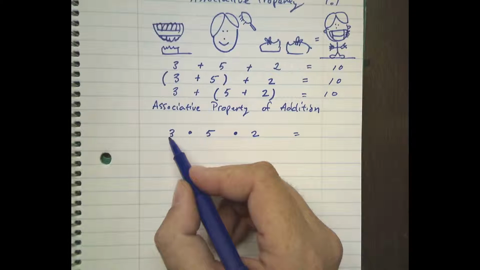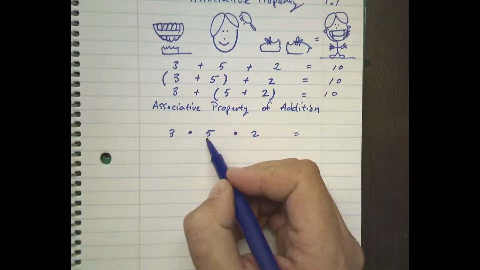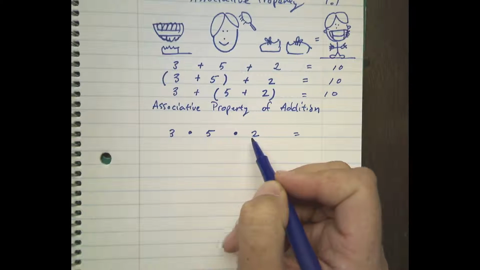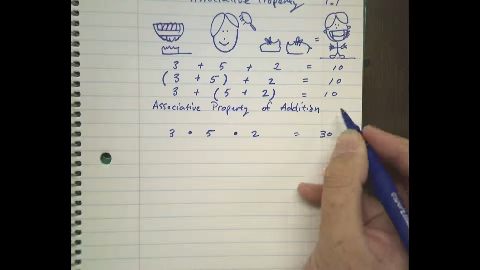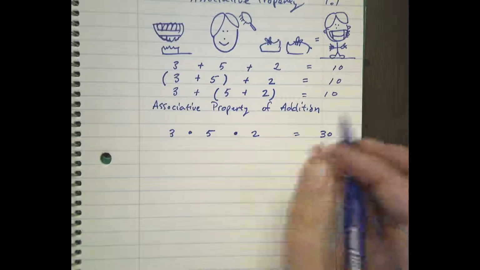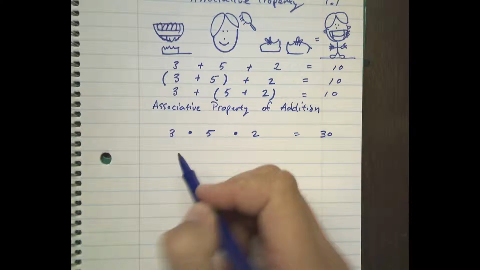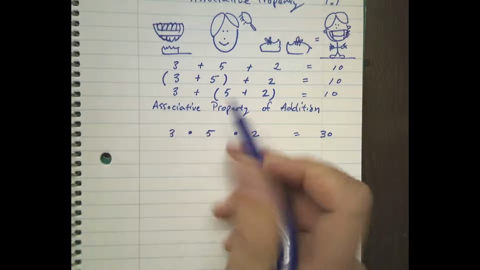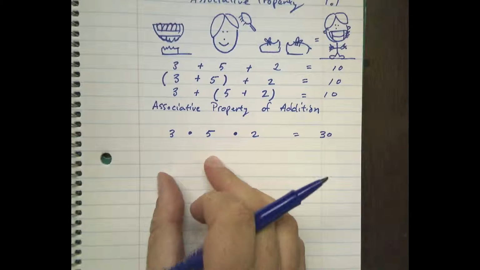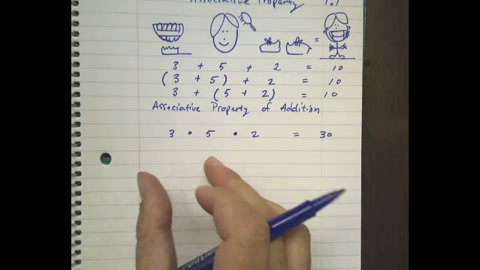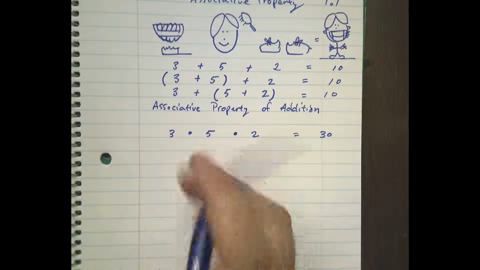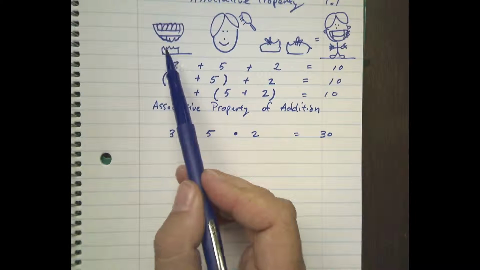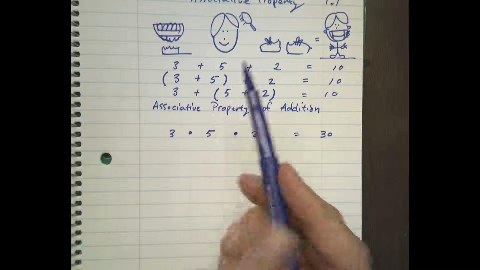I can kind of do this in my head, and I'll get an answer. Let's see, 3 times 5 is 15, and then times 2, which would be 30. So I'm looking pretty good. I'm 3 times what I was before to start off my day. But let's use the associative property. With the associative property, we're going to be grouping some numbers together. Same concept as we talked about with addition, I'm going to be grouping brushing my teeth and brushing my hair together in the bathroom.